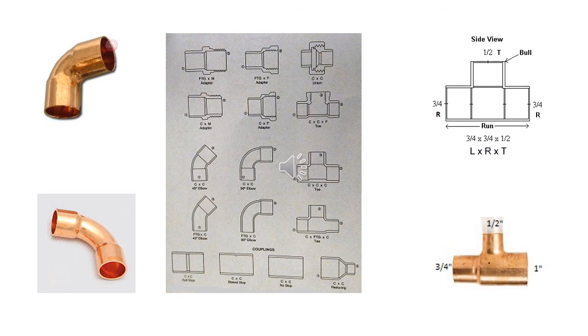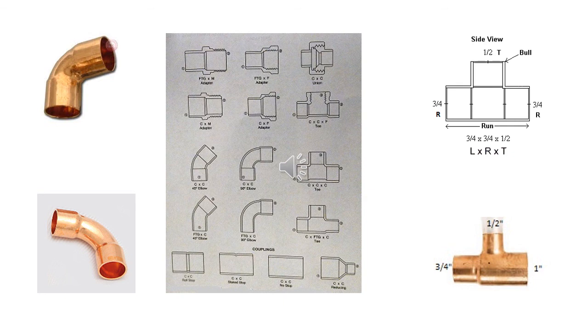T's where the run and the bull are not uniform are referred to as reducing T's. If you look at the far lower right picture, you will see another reducing T with all different sizes. When you have a reducing T with different sizes, the way you would order it would be first to say the largest run, followed by the smallest run, followed by the bull or branch size.